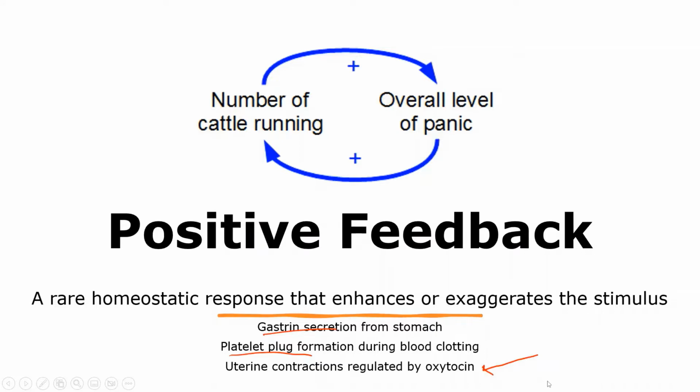You have a uterine contraction as you're about to give birth. This is regulated by a hormone known as oxytocin, which is dumped out of the brain. Now, when you have a contraction that's caused by oxytocin, that actually causes more oxytocin to come out. So you have stronger contractions, which dump more oxytocin and more contractions and more oxytocin and more contractions. And you get the point here.